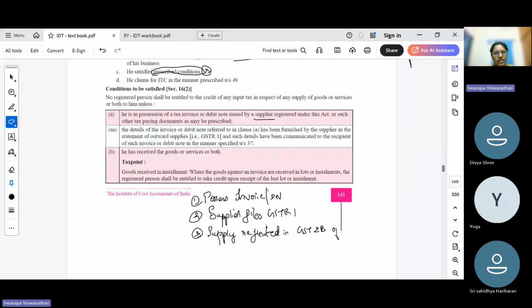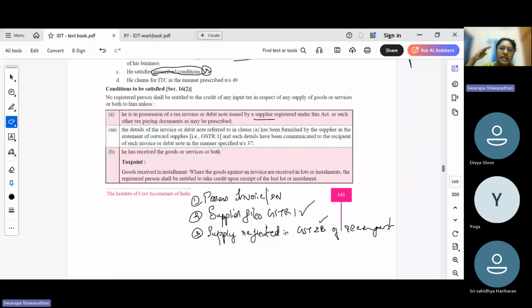Okay, so there is an invoice. The invoice is declared in the outward supply statement of the supplier. When it is declared in GSTR 1, it automatically gets reflected in GSTR 2B of the recipient. The recipient can take credit only if it is available in GSTR 2B.